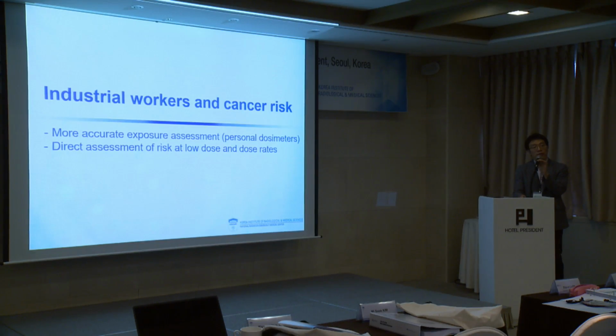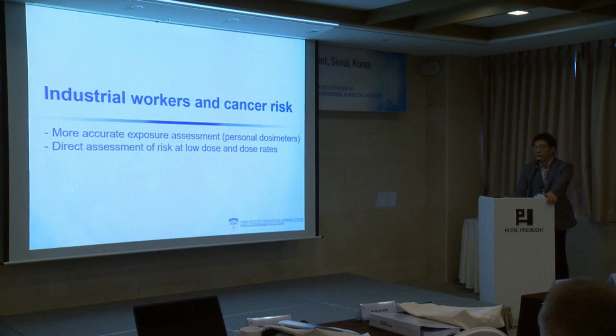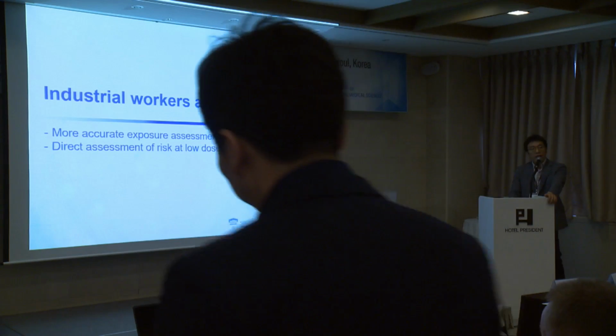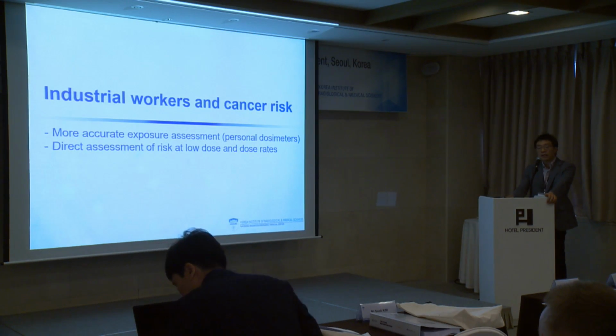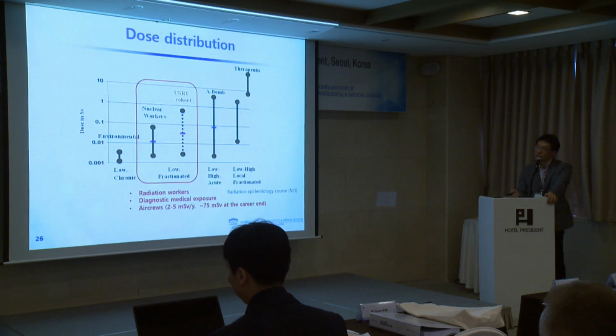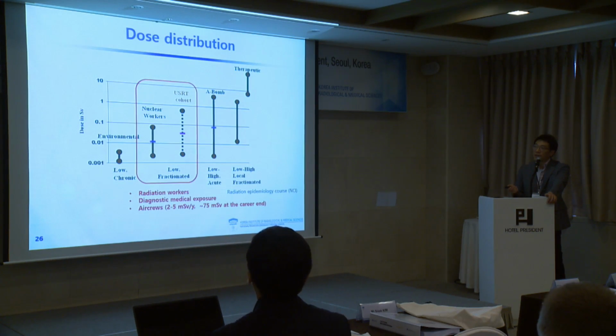So now let's look at some studies of industry workers. Studies of industrial workers, like radiation workers, are very important because they have accurate exposure assessment, which enables us to make a direct assessment of risk at low dose radiation. This is a typical distribution of radiation dose.